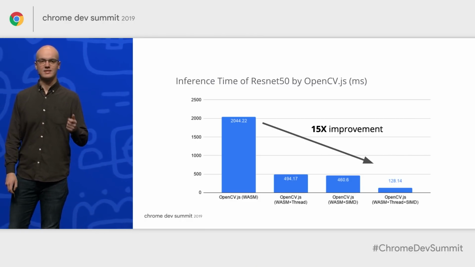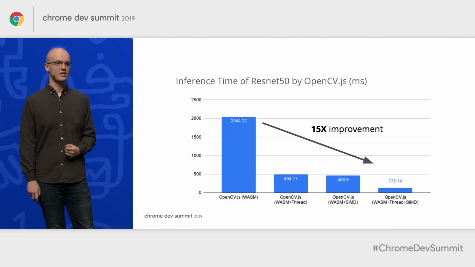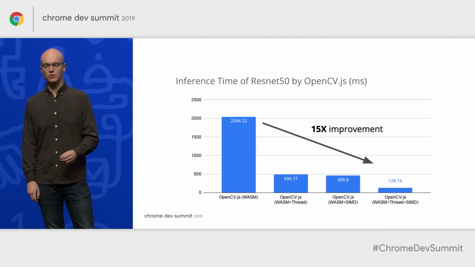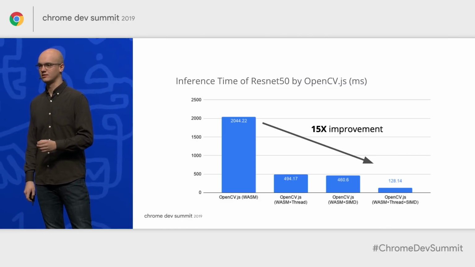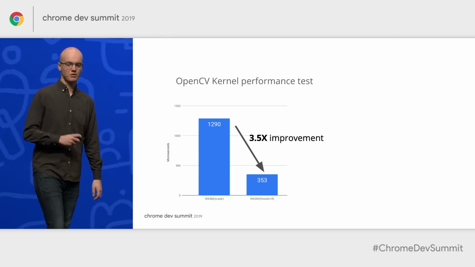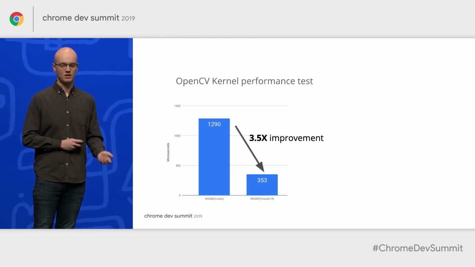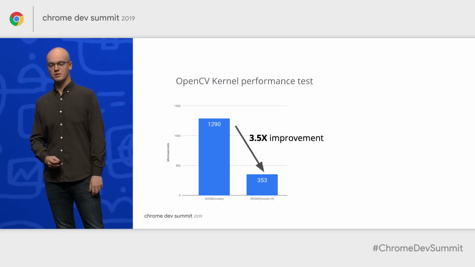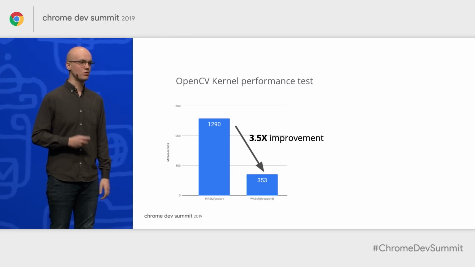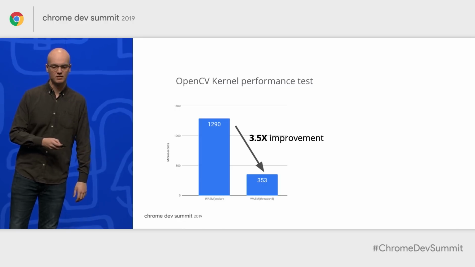When using both threads and SIMD together, common tasks in OpenCV can be improved by around 15x. And some of the benchmarks show even more dramatic improvements from threads and SIMD. For the OpenCV kernel performance test, using threads gives you a 3.5x improvement.